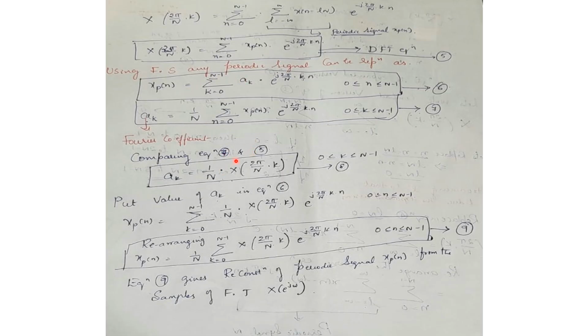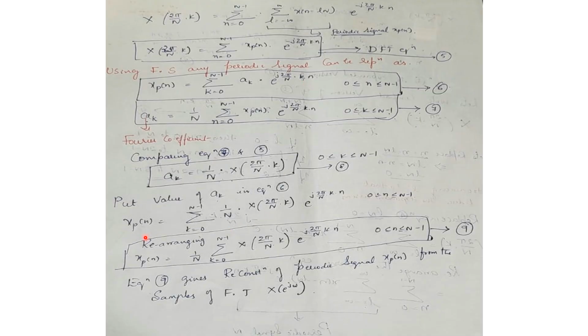Comparing equation 7 and 5, the DFT equation and the seventh equation, you will get ak, the Fourier coefficient, equal to 1 divided by N into X of 2 pi by N into k. Put the value of ak in equation 6. So we will be substituting the Fourier coefficient ak equation in equation 6.